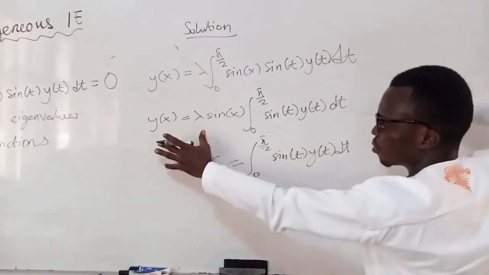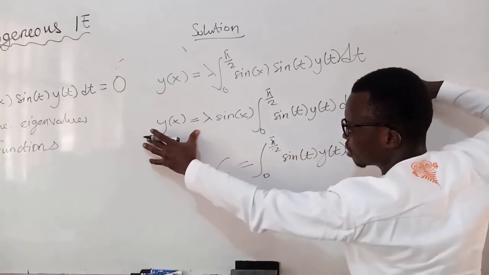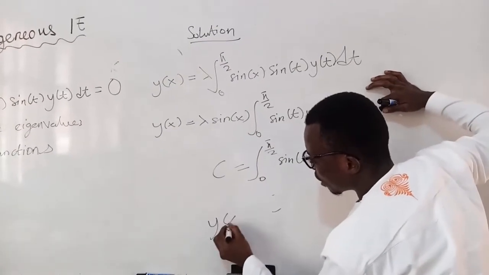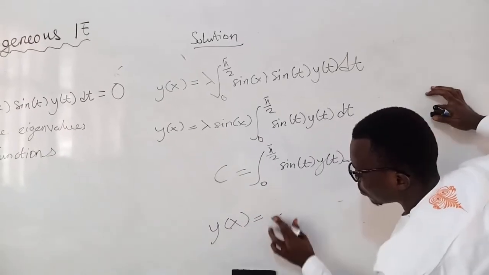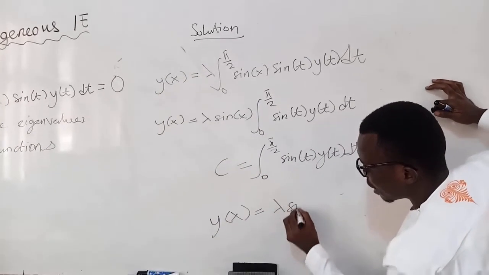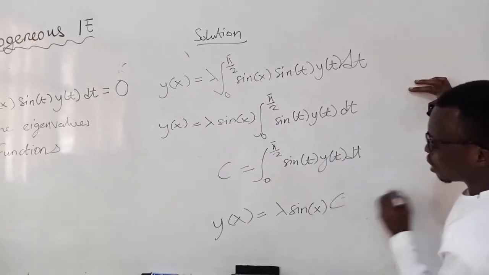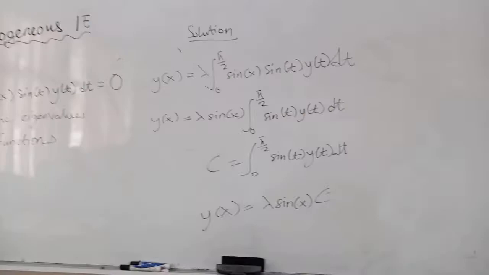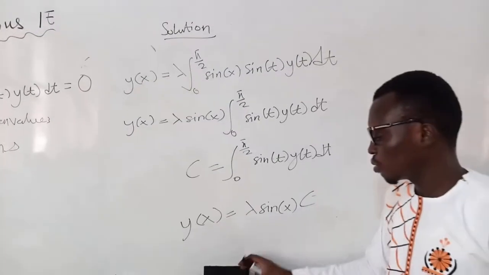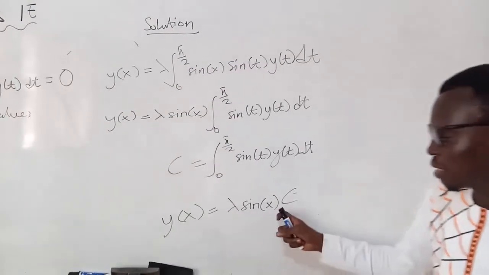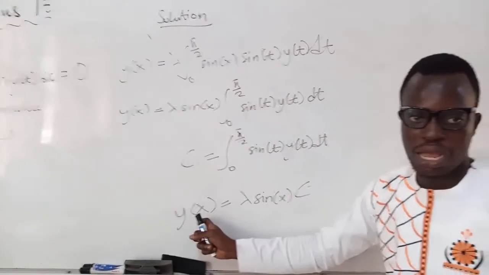Now this equation becomes y of s equal to lambda sine s, then the whole of that integral is c, so times c. If you are able to solve for this lambda, then this becomes our eigenfunction.